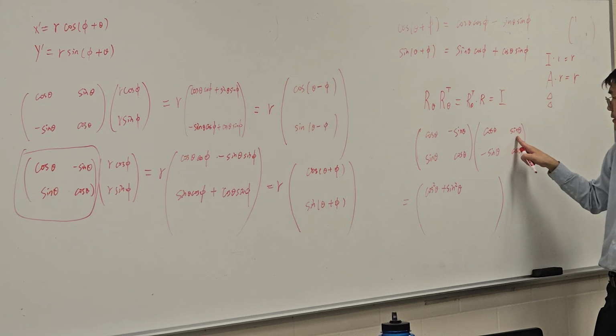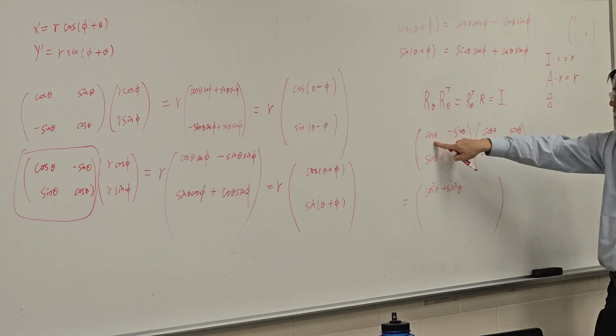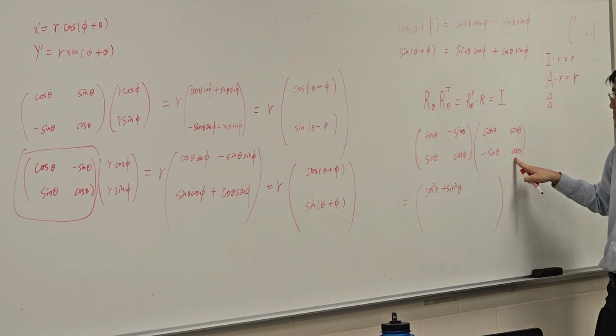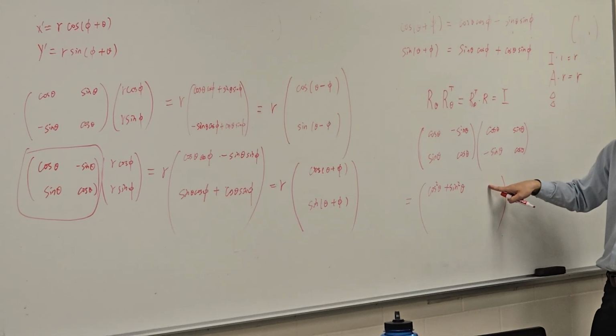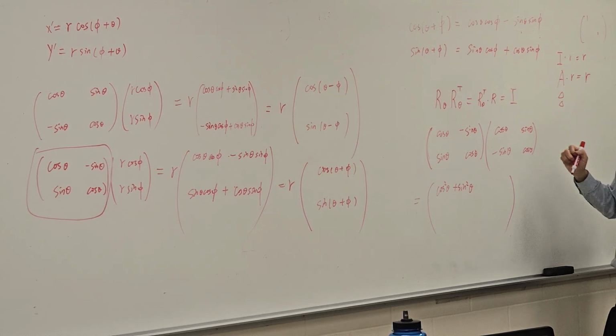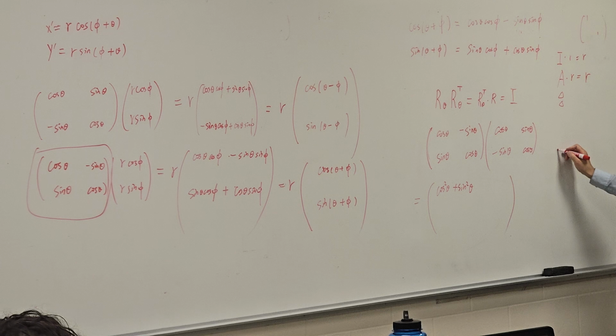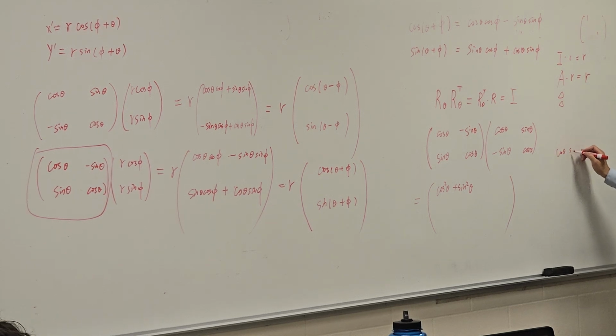Now here is cosine, sine, subtract sine, cosine. What's that? What do we get here? If I write what's here, it is cosine theta, sine theta, minus sine theta, cosine theta.